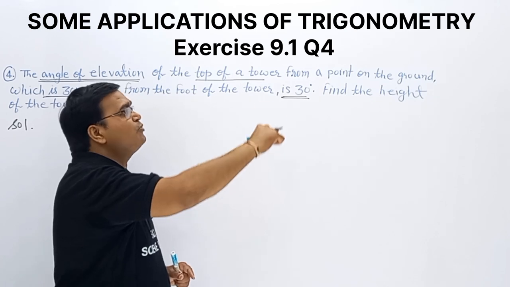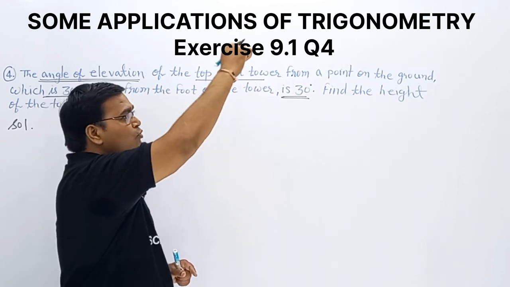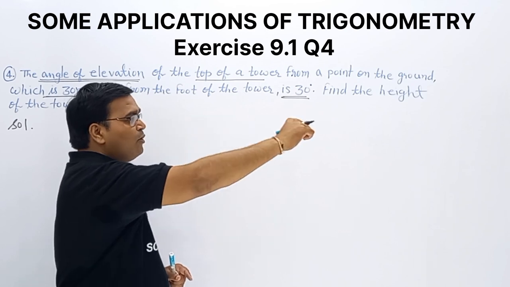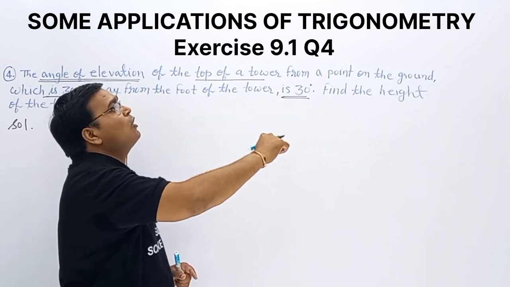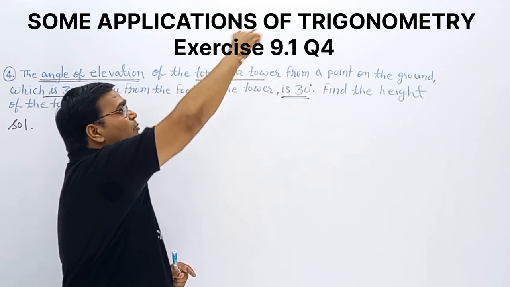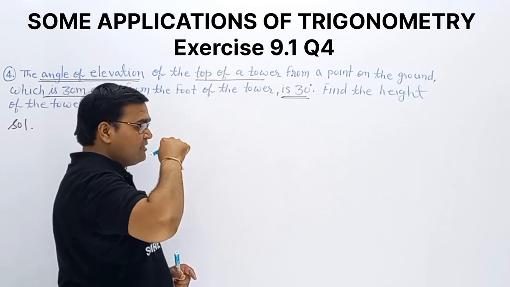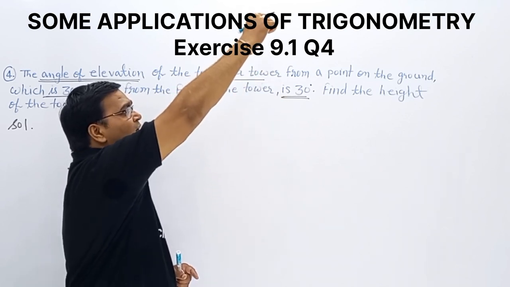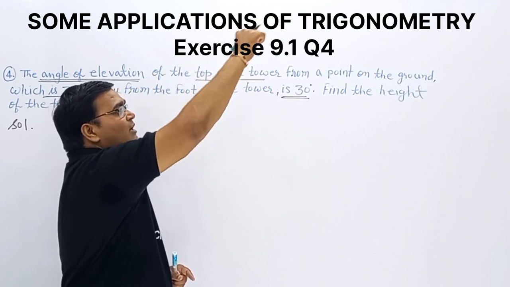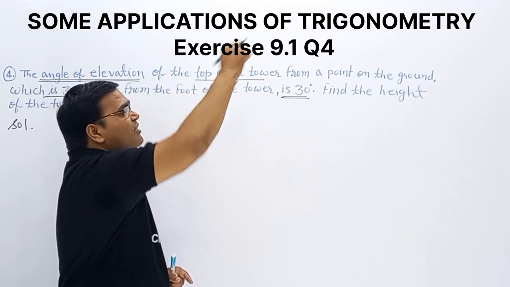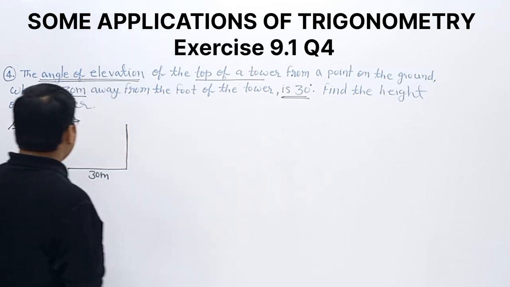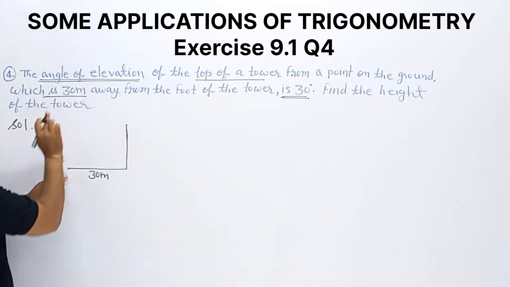Once we observe the top position of a tower, then this is our line of sight. Once we observe the top point, our line of sight will be this one. So the angle between our line of sight with the horizontal line, that is the angle of elevation. Observe. So that is the question.